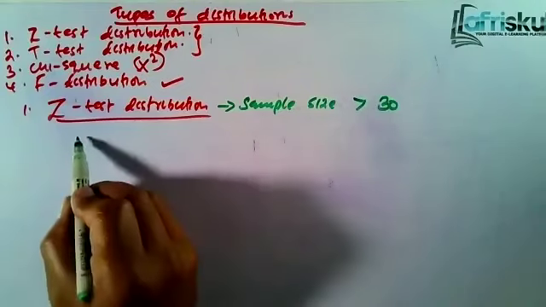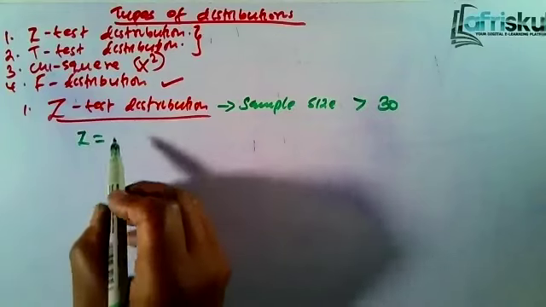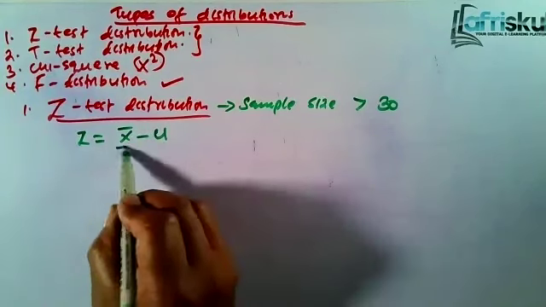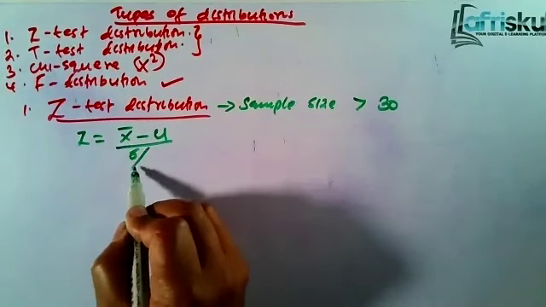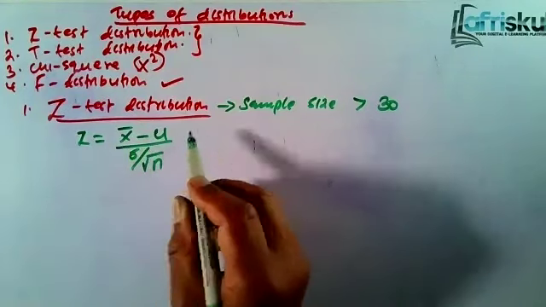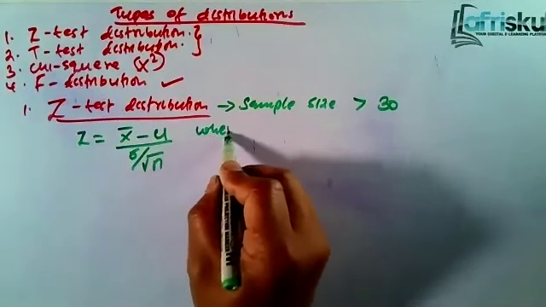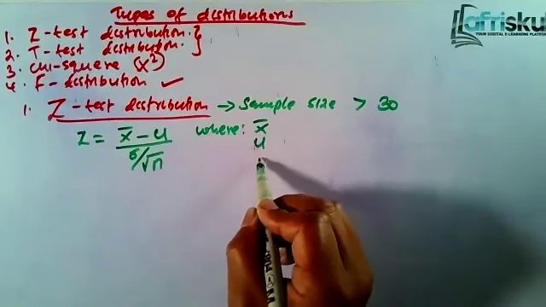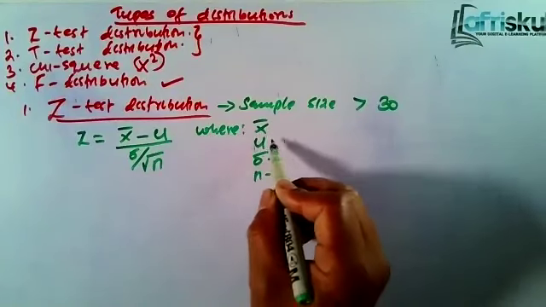And in that case, how do we get Z? Z, you take X bar minus U, you divide by the standard deviation over the square root of N, where X bar, U, and N are what?